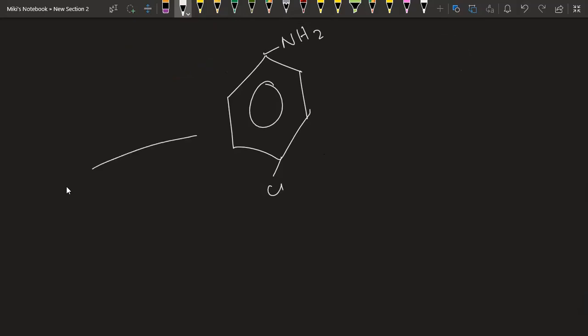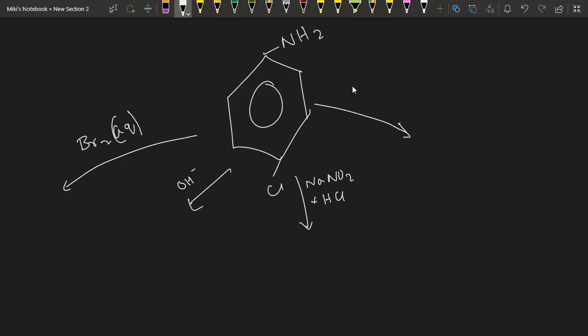In one reaction we are adding aqueous Br2. In another reaction we are adding OH minus. In another reaction we are adding NaNO2 with HCl. And in another reaction we are adding CH3COCl. Okay. So we need to find the reaction now.